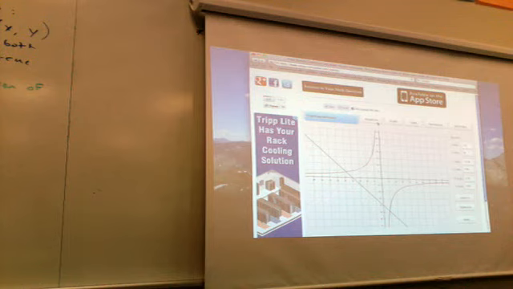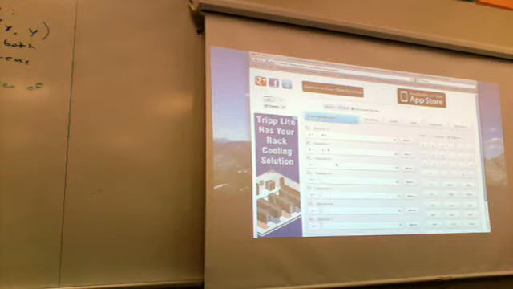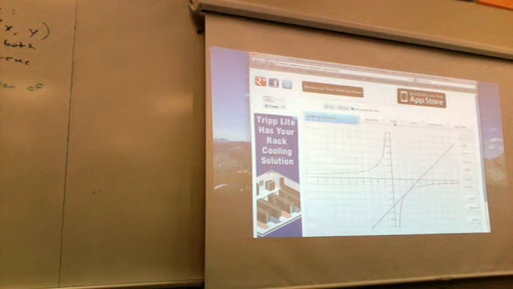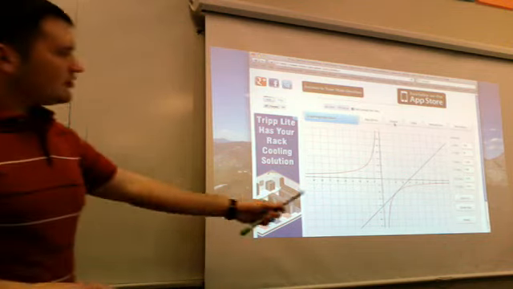Now if we go back to our equations and we change the minus x to a plus x, or a positive x, and then graph it again. How many times did that one hit? How many times, John? Once. It hits once, right there, right?